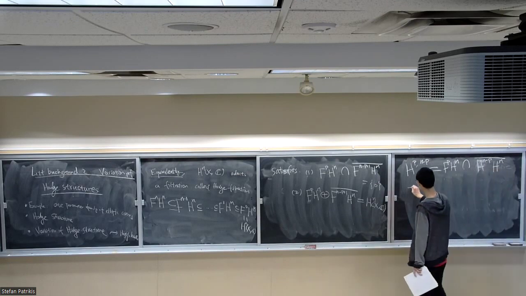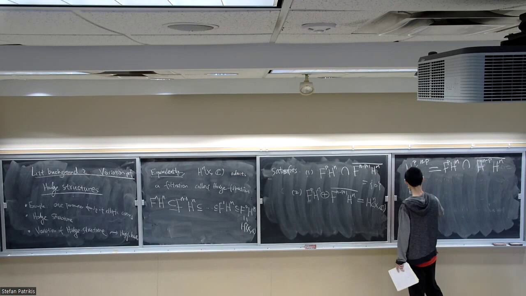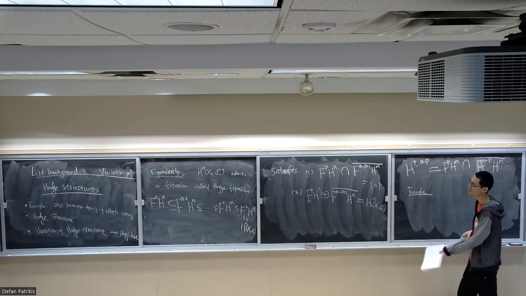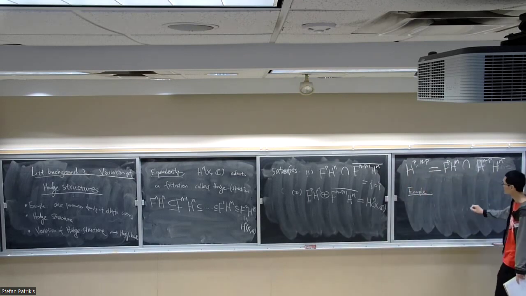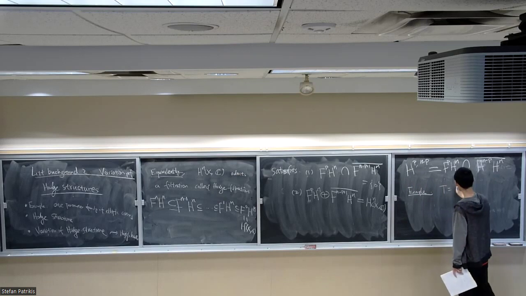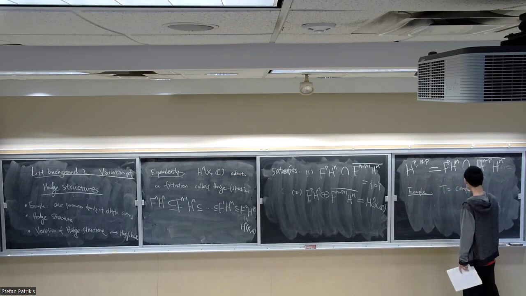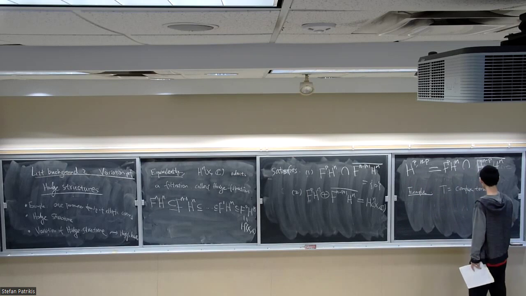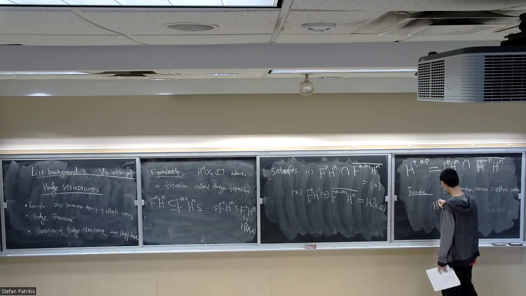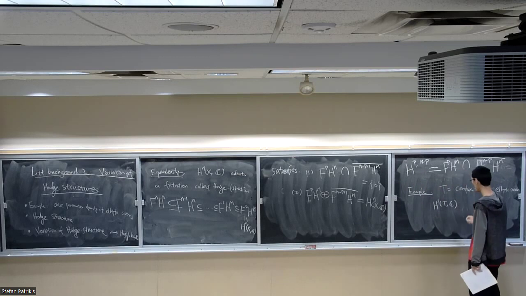If this is too abstract, you can think about our elliptic curve case. So T is a complex torus, or you can think about it as an elliptic curve C. This H^1 of the elliptic curve C is two-dimensional.